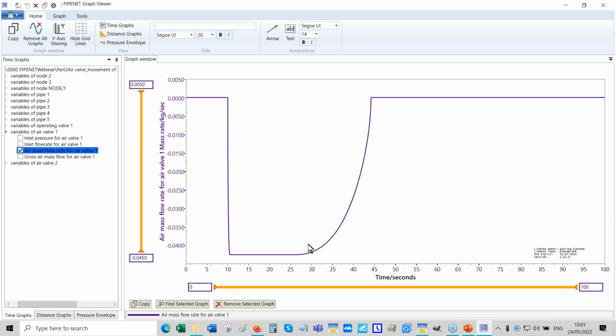Why is it like this? Because there's a vacuum that forms, air comes in. Don't forget, this is negative. Any flow into the system will be negative. So air flows into the system, and then the flow rate of air stops. It's not constant, because when the valve closes, air will come in, and then the air flow rate will stop.